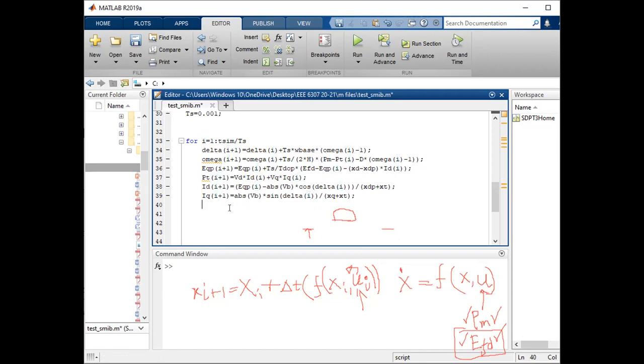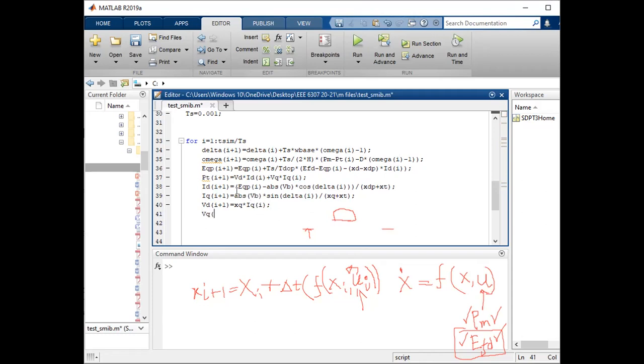So IQ is done. Now to complete the calculation of PT, we still need VD and VQ. So what is the expression of VD? Because VD, again, we see that it is a function of XQ multiplied by IQ, and IQ is indexed. So we should keep VD indexed.